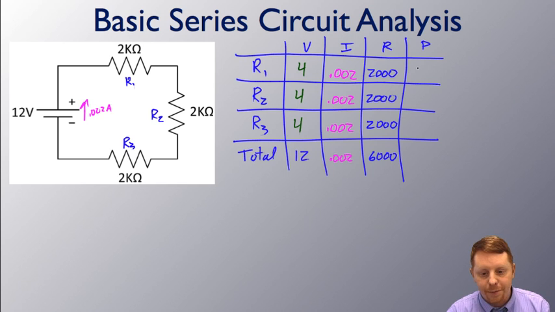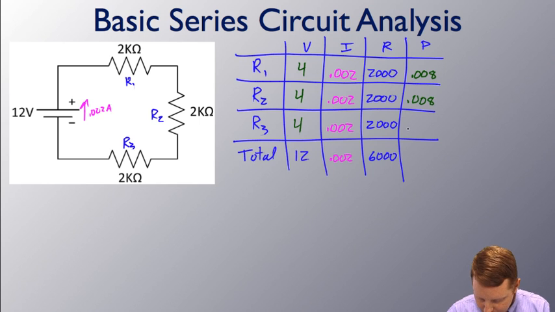We could also find the power pretty easily with a variety of formulas. V times I, or I squared R, or V squared over R. It'll give us the same thing regardless of how we calculate it. So the power dissipated by resistor R1, V times I, 4 times 0.002, or 0.008 watts, 8 milliwatts.